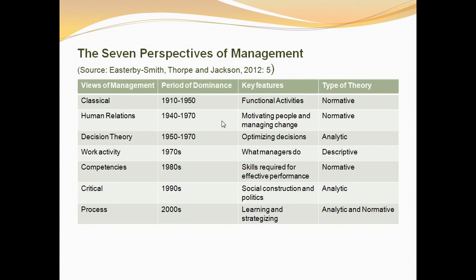Right. Then we go into the process area, which is about learning and strategizing, which is a combination of analytic and normative because it looks at theoretical perspectives and models behind how managers can learn and how they can have organizational learning, knowledge creation and embedment within the organizational structures.